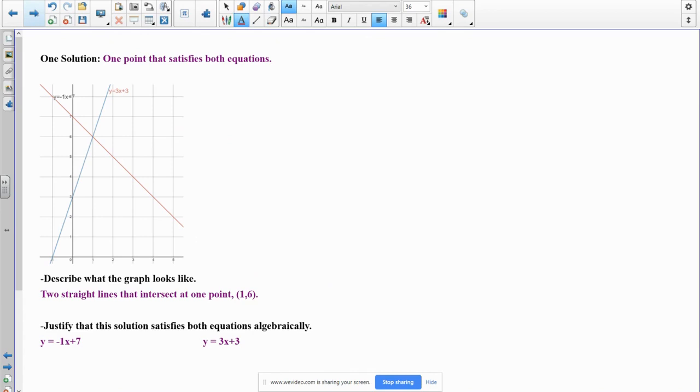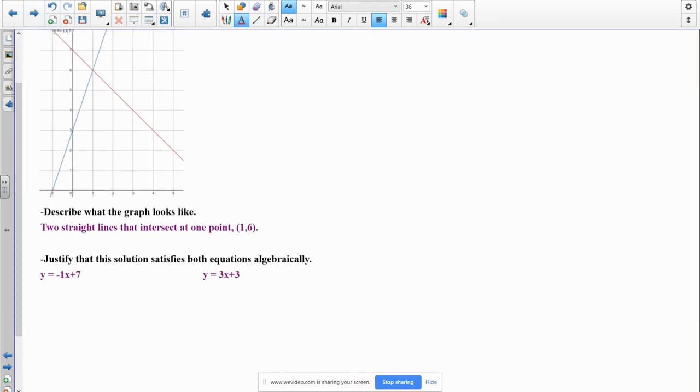Then we're going to justify, which means prove, by actually solving it. We're going to take the first equation, which happens to be the red line above, and justify that the point (1, 6) is actually a solution. We put 6 in for y, because remember the point is (x, y), so our y value is 6.